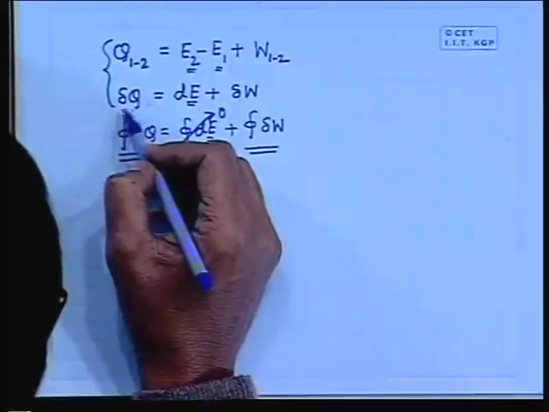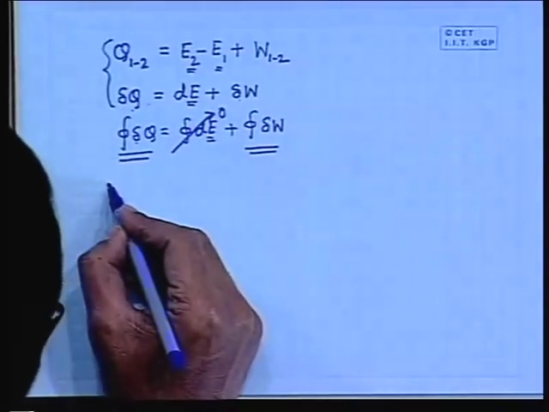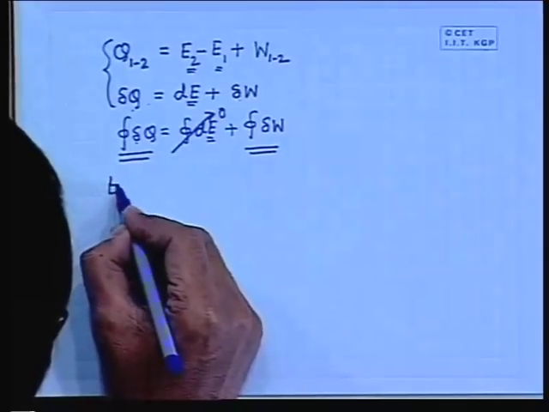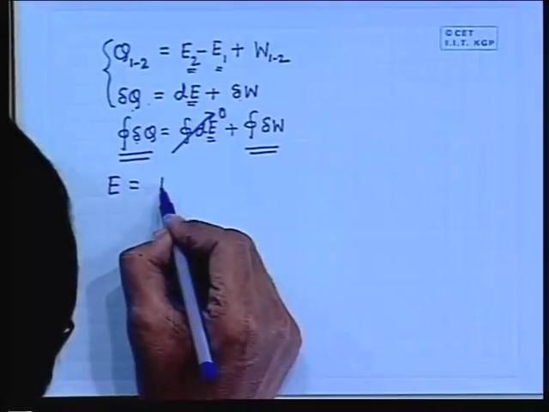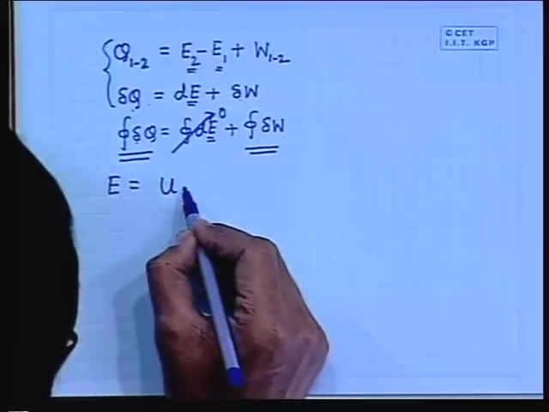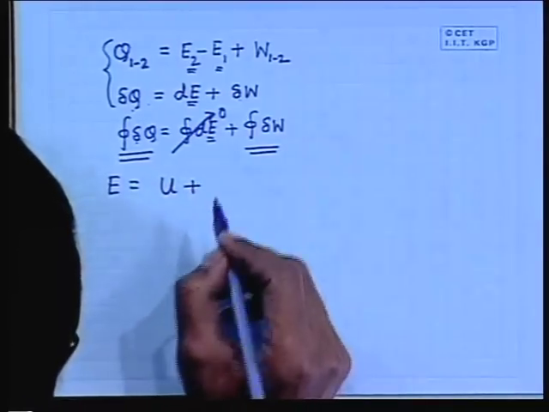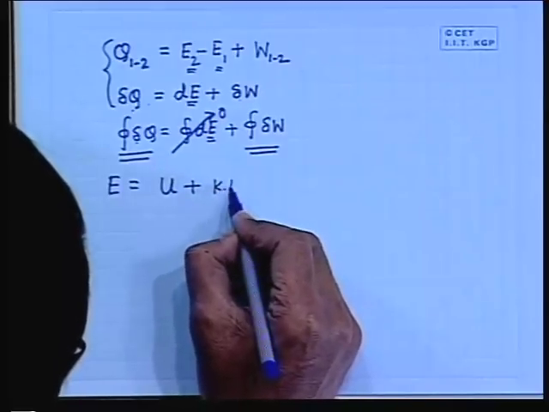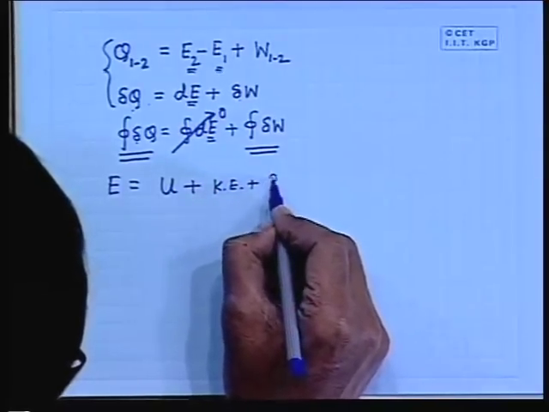So let us now think of a closed system. Then we can write this internal energy, we have already recognized for a closed system, is composed of intermolecular energy plus kinetic energy plus potential energy.